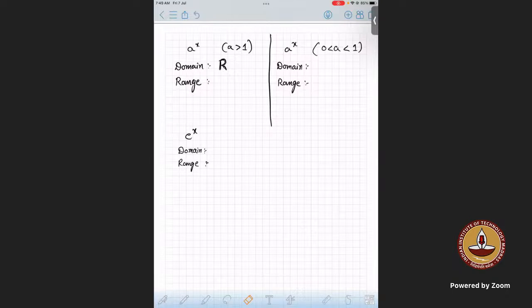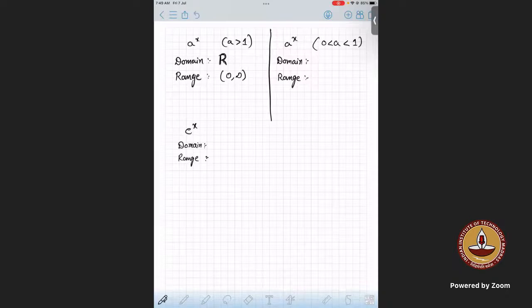And the range is 0 to infinity. Open bracket or closed bracket? Is 0 included or not? That's the point. 0 is not included. Open bracket, 0 to infinity. Okay, clear?